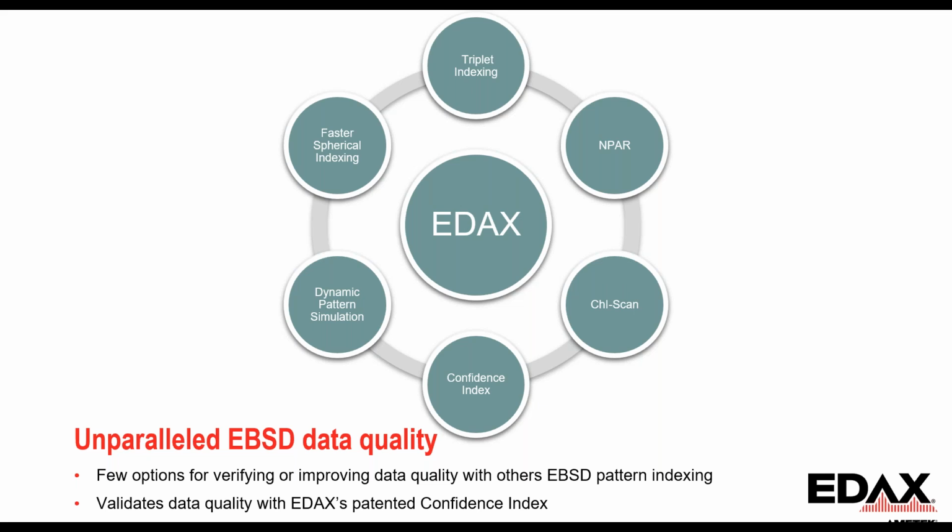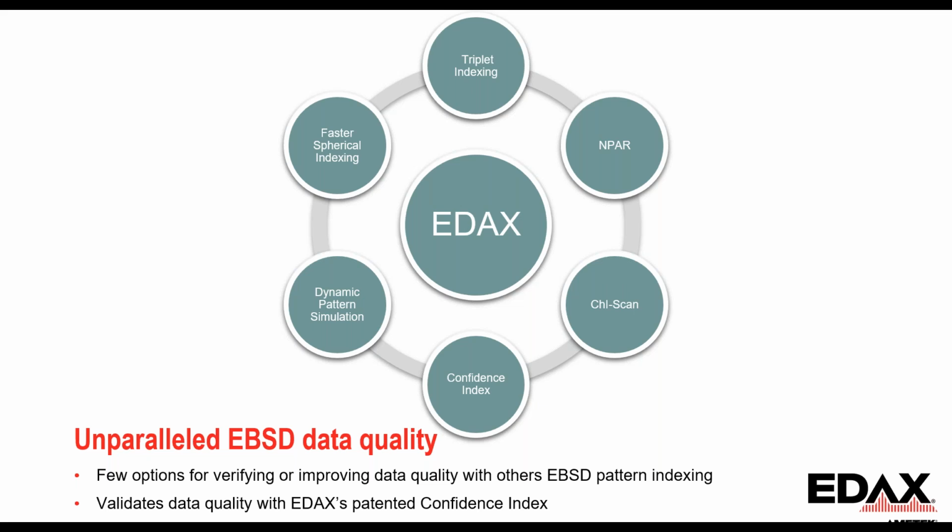That all ties into what I mentioned at the beginning, that with these cameras and the Velocity Ultra in particular, we get unparalleled EBSD data quality. And so we have a number of tools available in our system that allows us to achieve the best possible results, and we have a wide range of indexing tools to do that. So we have our default triplet indexing, our Hough-based indexing, which I'll show.